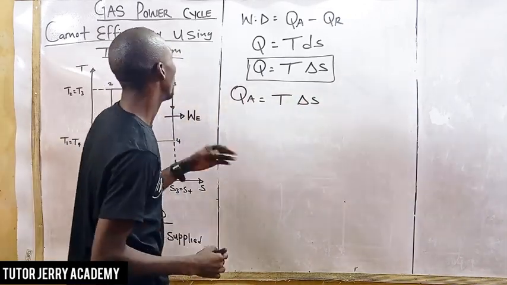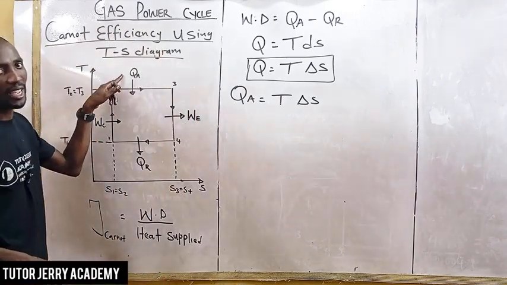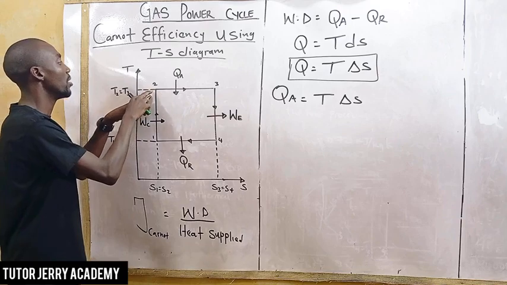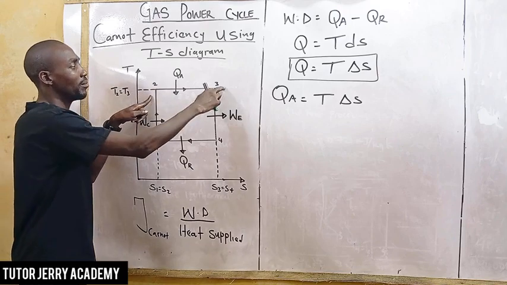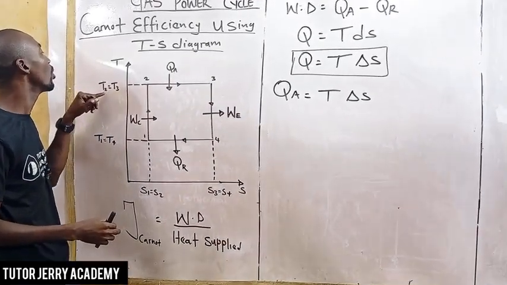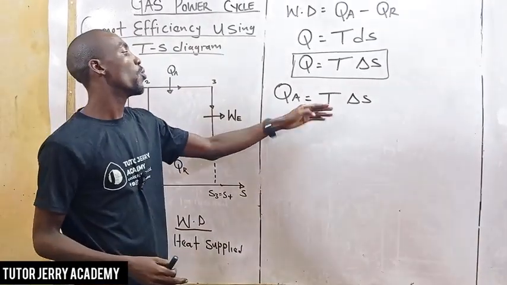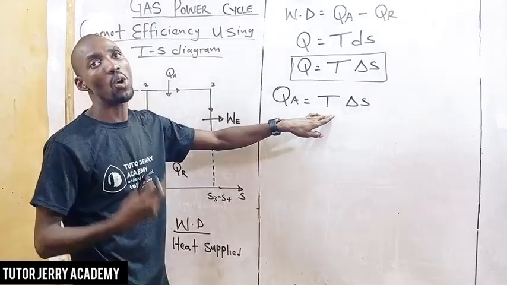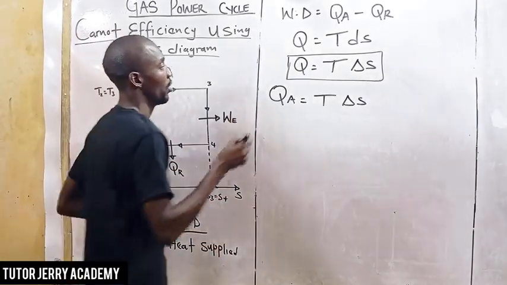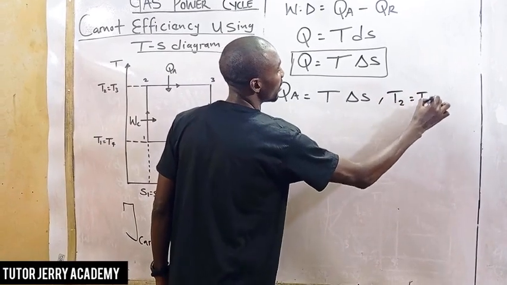Now, if we go to our TS diagram, this is our QA. We have our QA at state 2 and state 3, and there the temperature T2 is equal to T3. So we can write it as T2 or T3, but let's take it as T2.